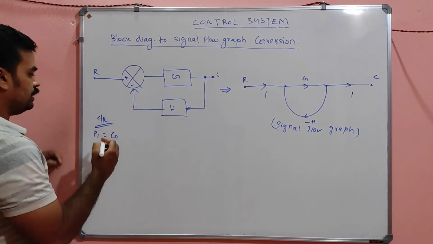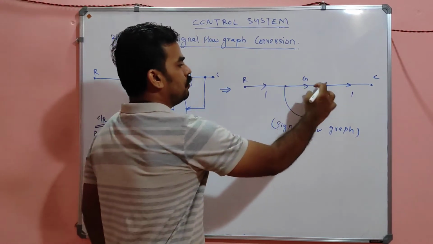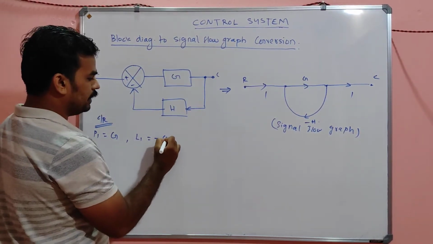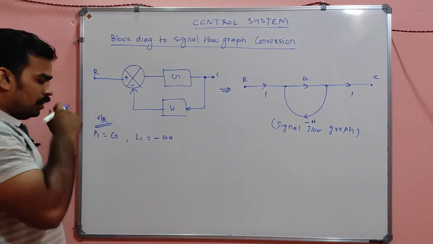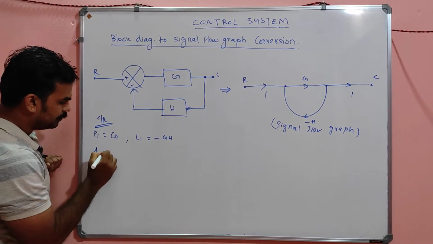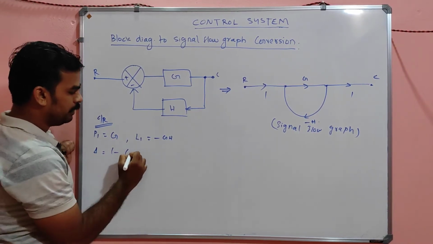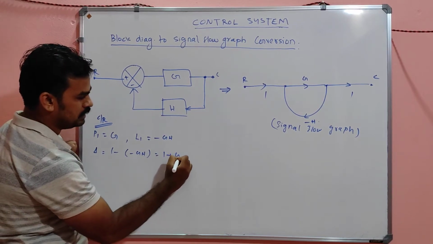And what are the loops here, my dears? There is only one loop, minus GH. No other loop. And what is del? 1 minus the individual loop gain, so 1 minus (minus GH). There is no non-touching loop also, so del is 1 plus GH.